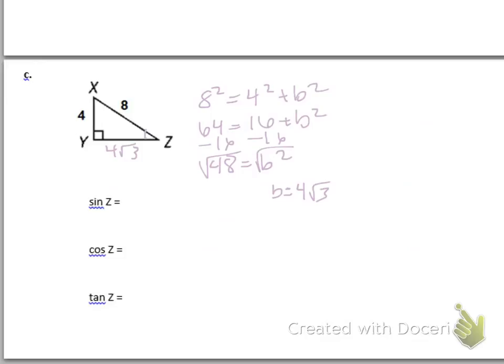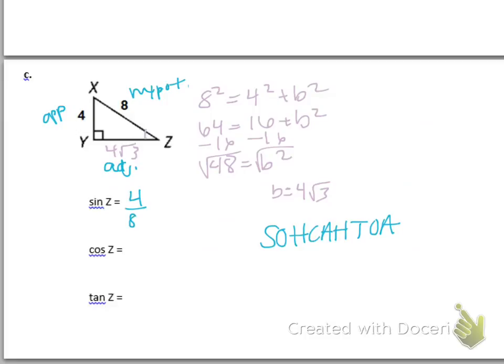Okay, so we're coming from angle Z, so if I label my triangle here, this is going to be my adjacent because it's next to it, hypotenuse because it's across from my right angle, and my opposite because it sits across from it. Okay, so if I write SOHCAHTOA here, sine is opposite, so 4 over my hypotenuse, 8, which simplifies to 1/2.